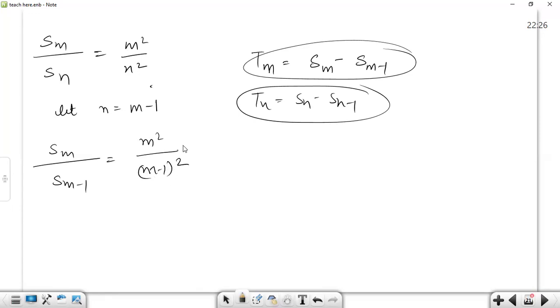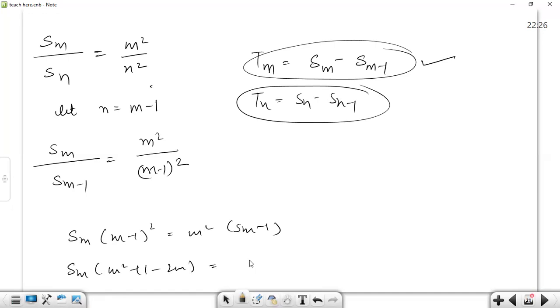Cool. Now we can approach. So S_m into (m - 1)², m² into S_(m-1). Okay. So we have to find out the mth term, which will look like this. Okay, let's solve for this. (m - 1)² times S_m equals S_(m-1) times m².